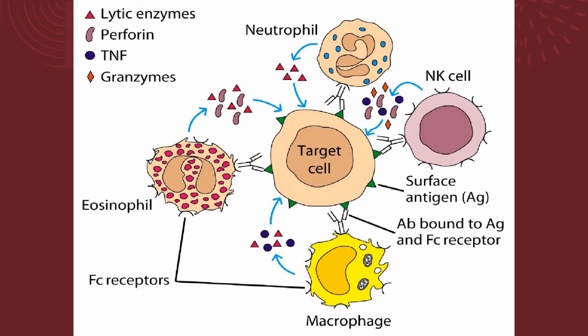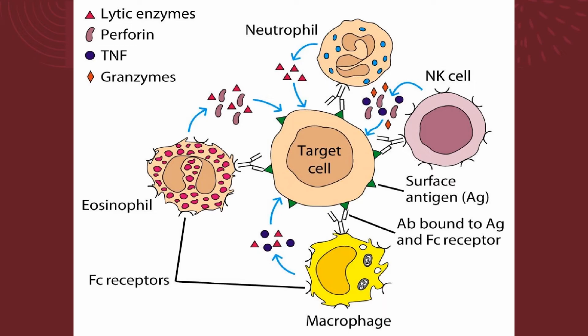This figure shows different types of WBCs like neutrophils, natural killer cells, macrophages, and eosinophils attacking the target cells. They attack the target cells in their own way. Neutrophils and macrophages are the phagocytic cells.